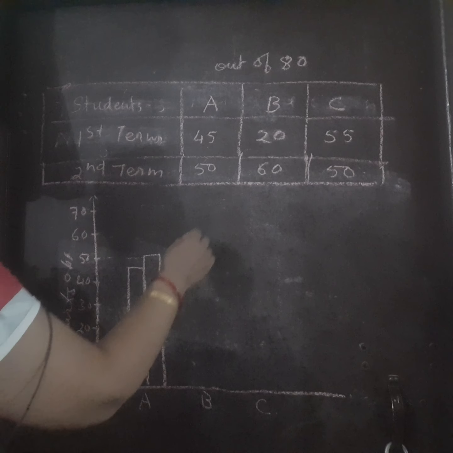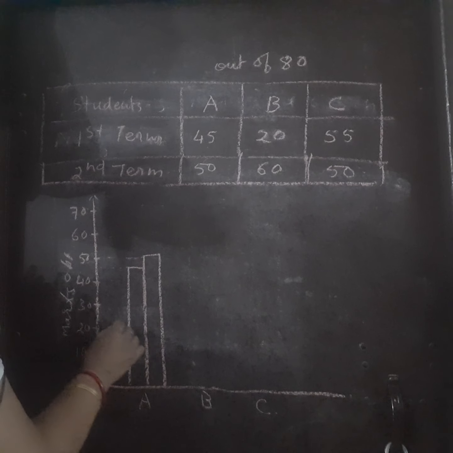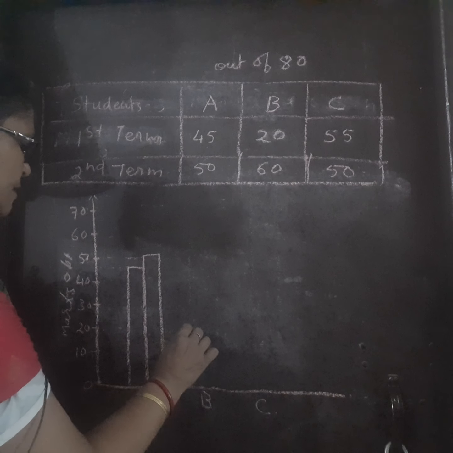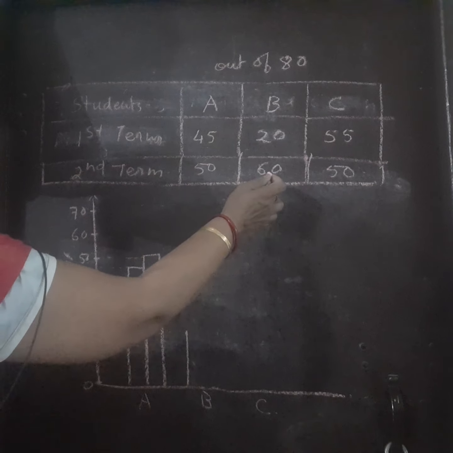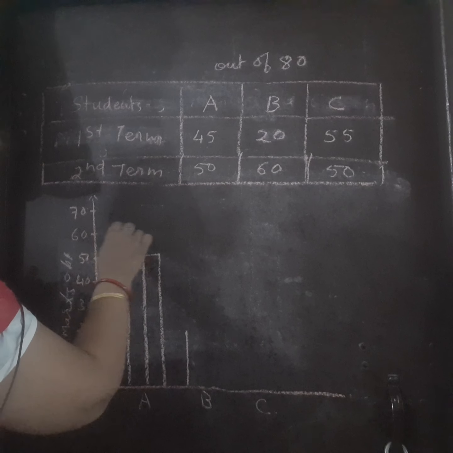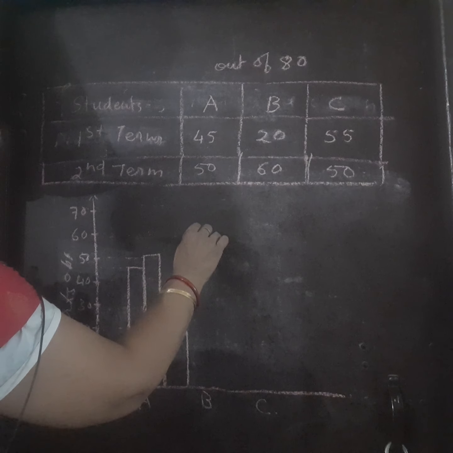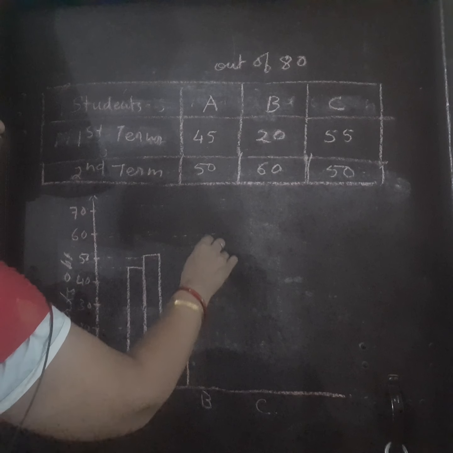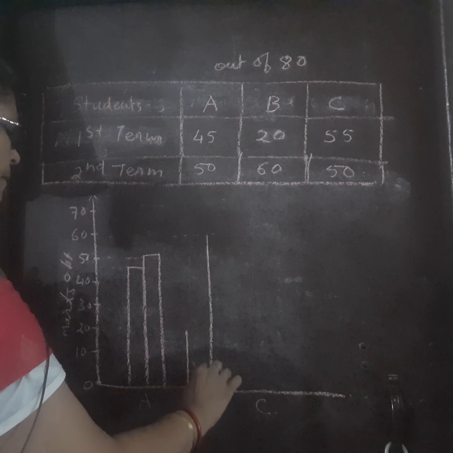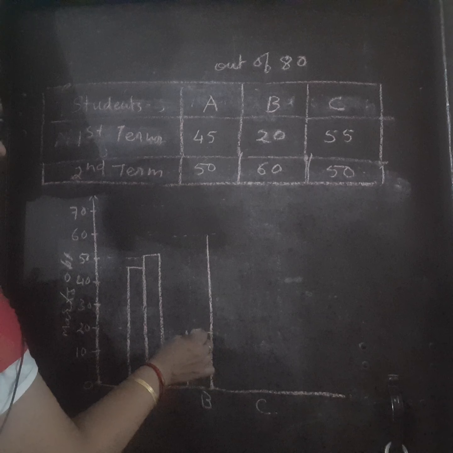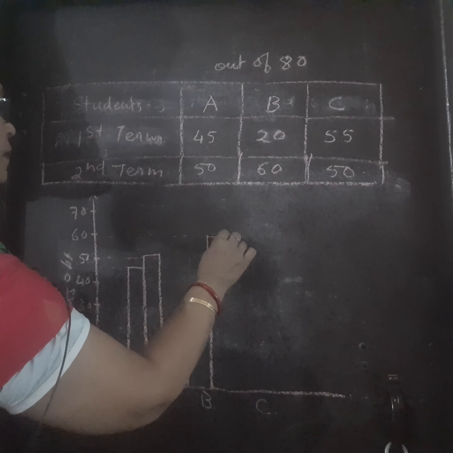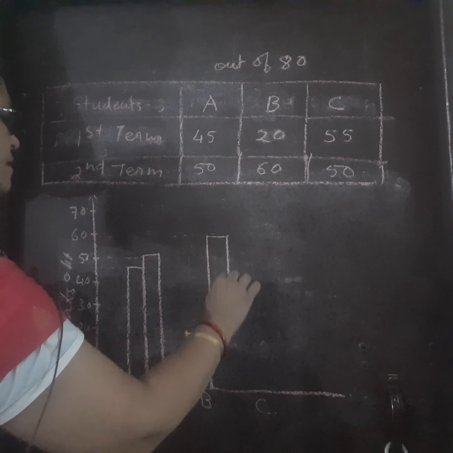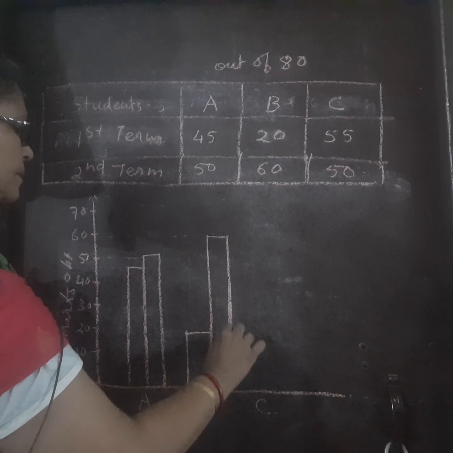Now here you can see B got 20 marks, so 20 is somewhere here, and in second term got 60 marks, 60 marks is here. In first term got 20 marks, in second term got 60 marks, made a high jump.